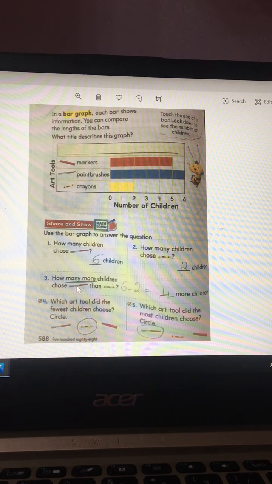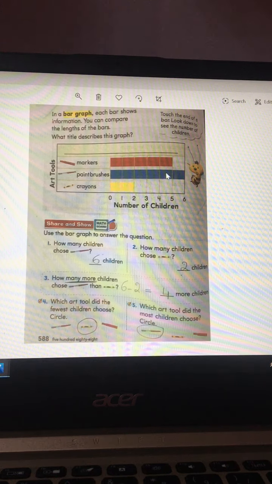Question number 3, how many more children chose paint brushes than crayons? Take care of the words many more. When we see the words many more, as I said previously, we are going to subtract. We will subtract the number of children who chose the crayons from the number of children who chose the paint brushes.